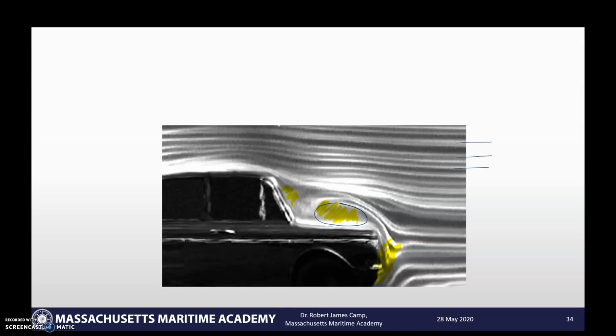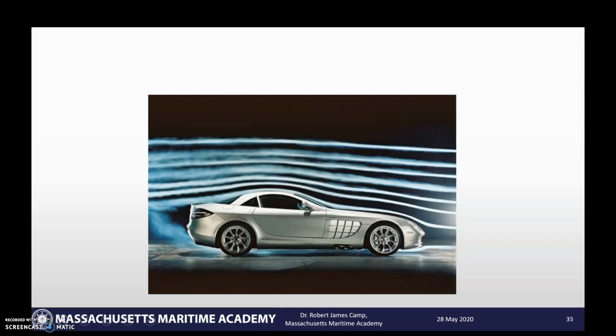Well, with this whole process of streamlining, within like 40, 50 years, we've gone from cars that look like this to more of cars that look like this. And now you can look at the top part here, there is almost no disturbance of the flow. It just cuts right through it. The bottom one here, you can see that it's going under fairly well.